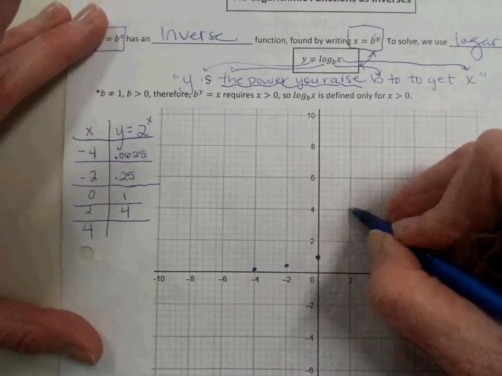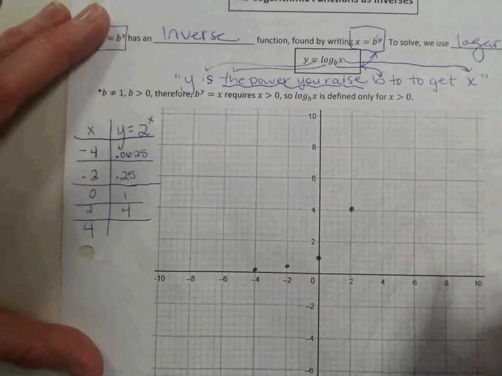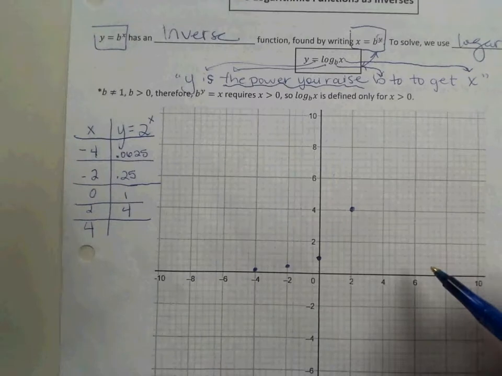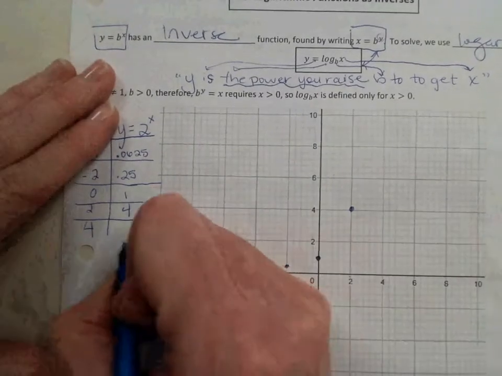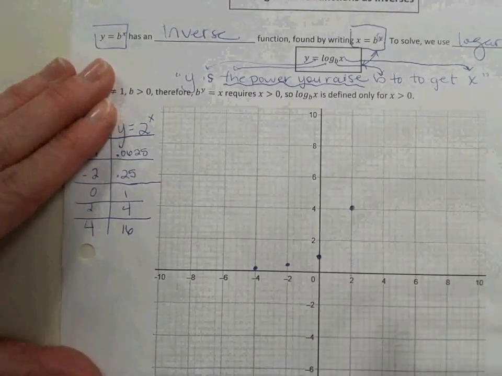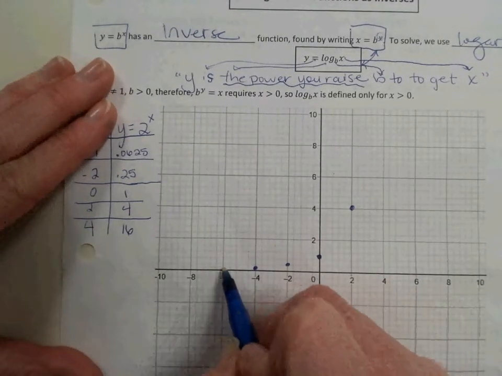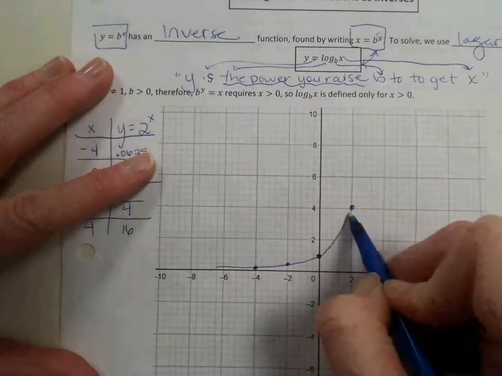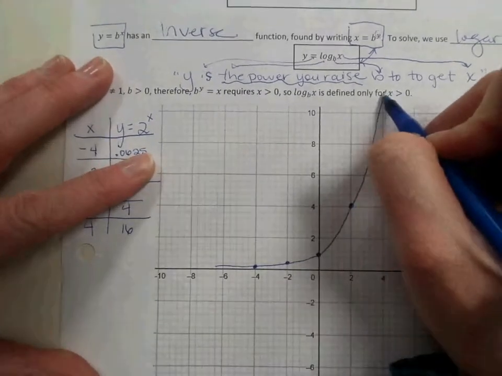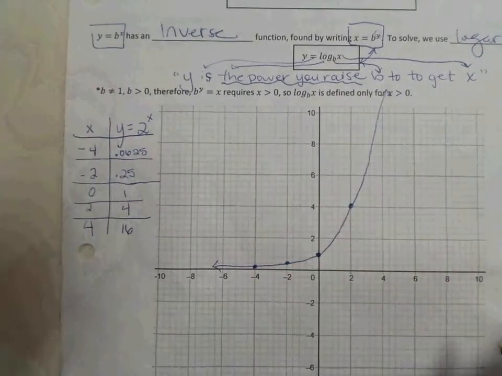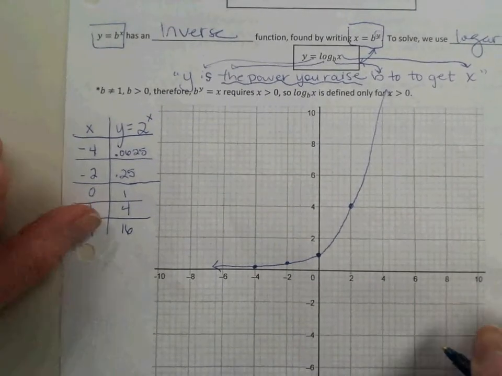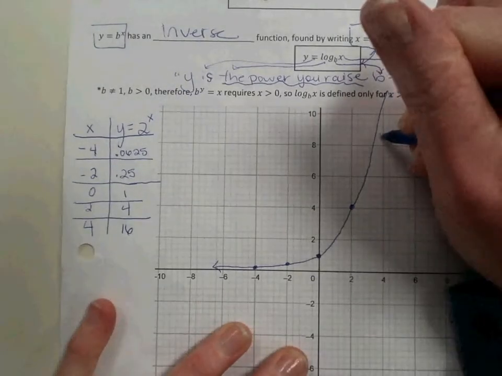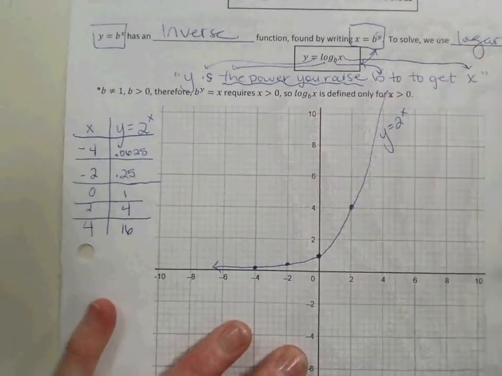So 2, 4. And then 2 to the fourth power, 16, which happens to be off the chart, so somewhere up there. So we're just going to draw the curve, connect the dots, draw the curve. Somewhere up here. And let's just label that y equals 2 to the x.